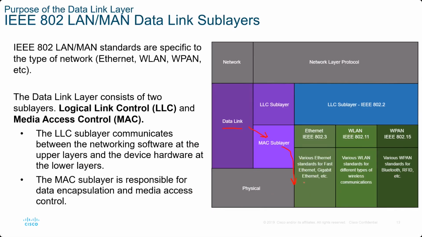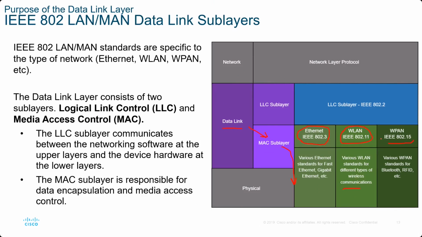So if you're using the Ethernet standard with copper cables, you need an Ethernet frame. The data link layer would create an Ethernet frame if you are choosing those types of physical standards. If at the physical layer you're selecting wireless media to communicate, specifically Wi-Fi, then the MAC sublayer would be using an 802.11 standard frame, which would have different values in its header when it creates a frame.